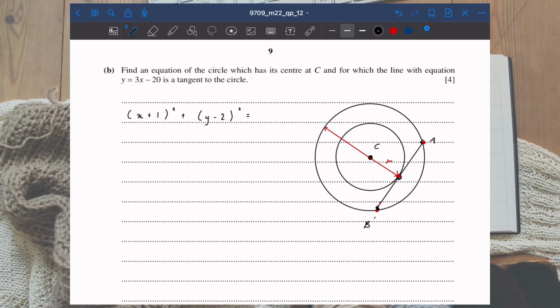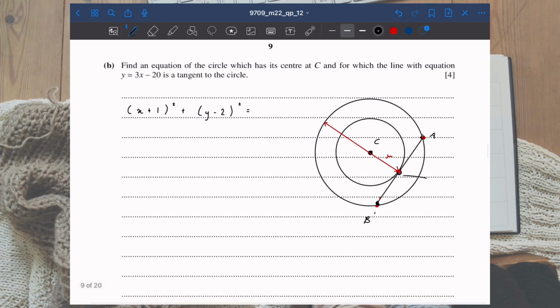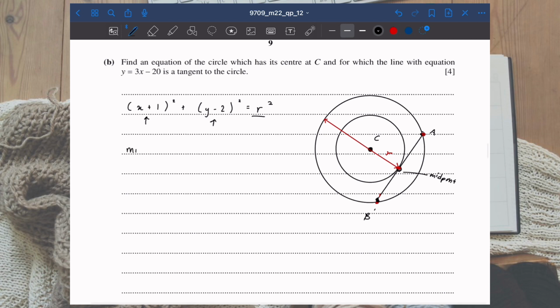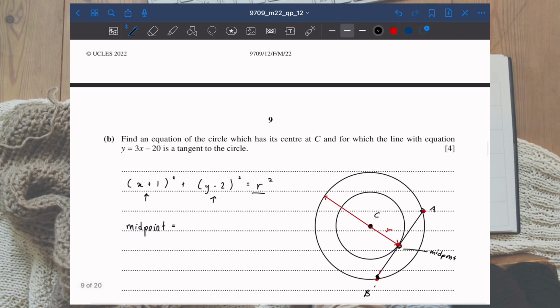If you also notice, the midpoint of A and B will lie on this circle. So what we can do is find the midpoint of A and B and substitute it into our x and y to find our radius, or just our r squared. So we can find the midpoint of AB from the coordinates that we got from the previous question.